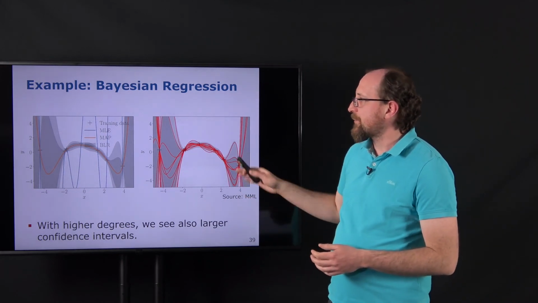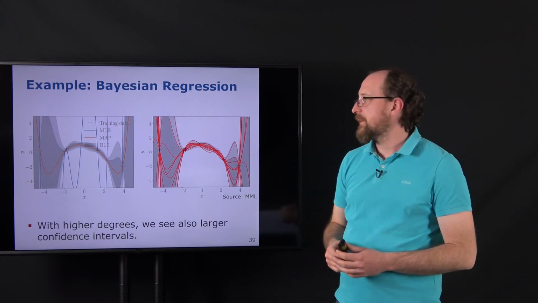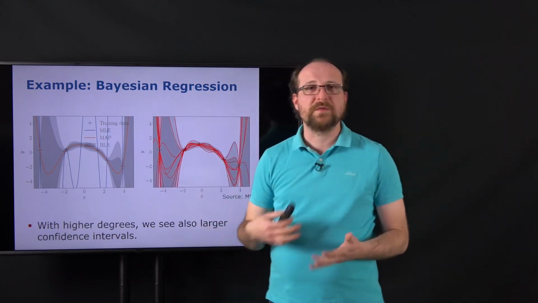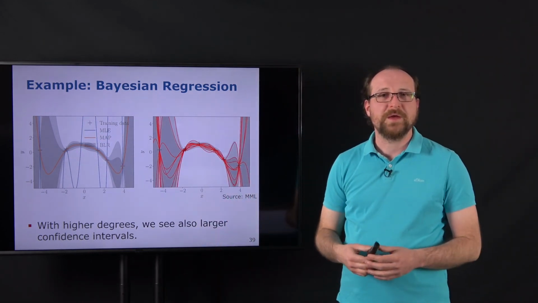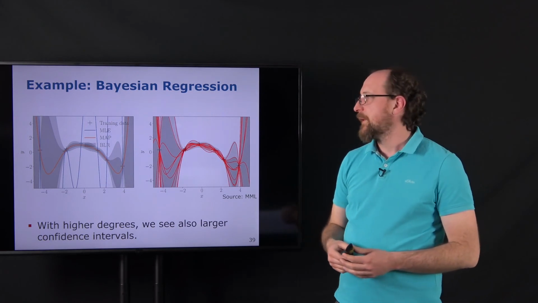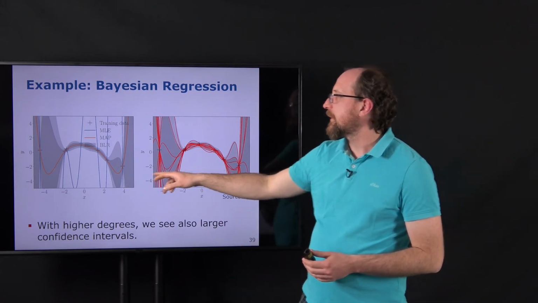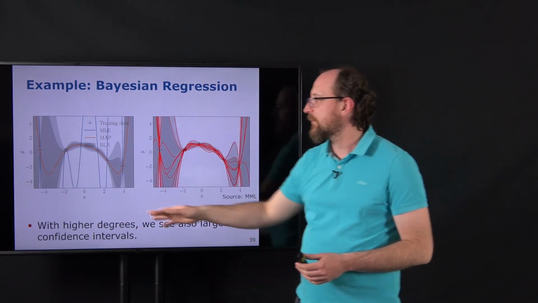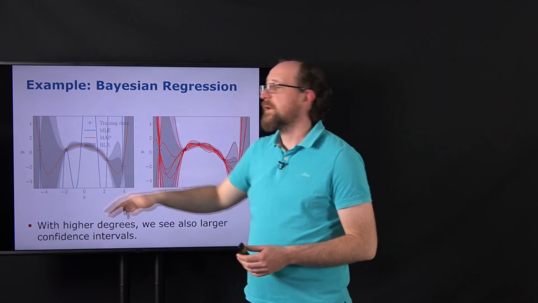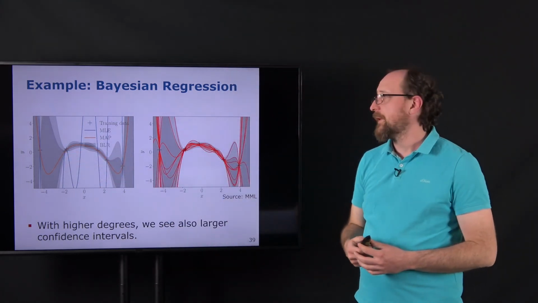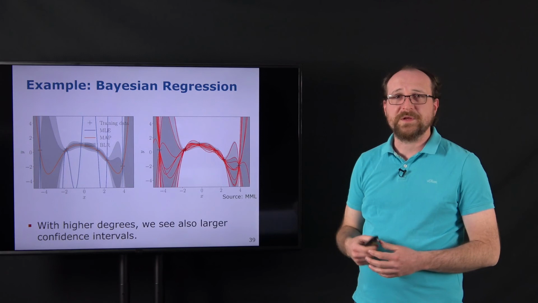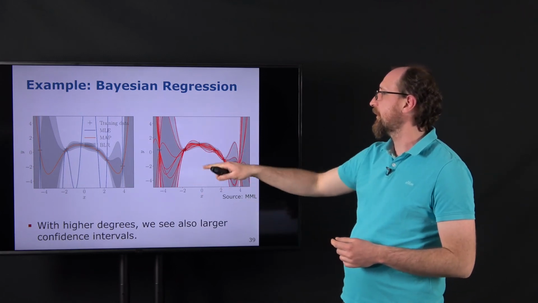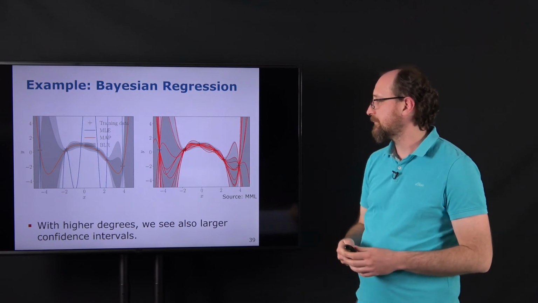This is a nice property of Bayesian linear regression: you get information about where you might have to gather additional data to get better estimates of the functional shape. By adding some points corresponding to this part, you can maybe decrease the confidence intervals and get a sharper shape. As you can see, the sampled functions are also varying much more.